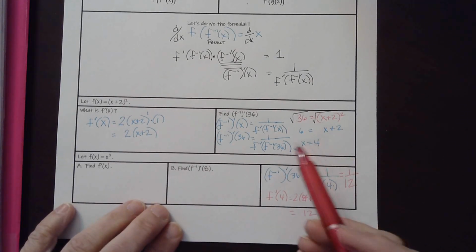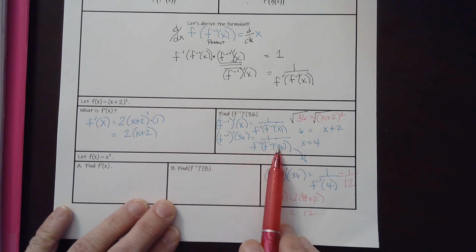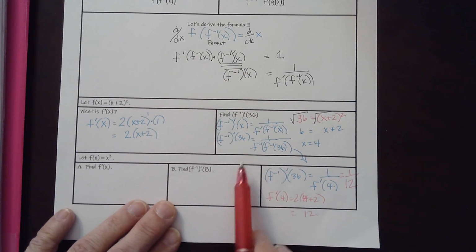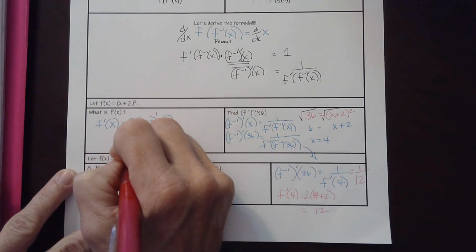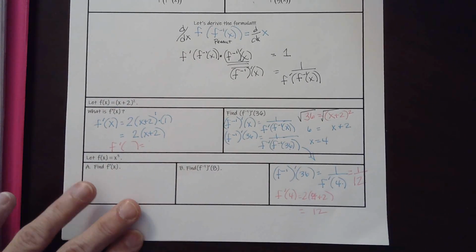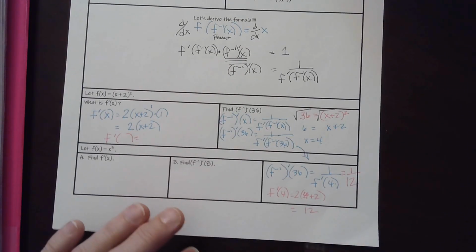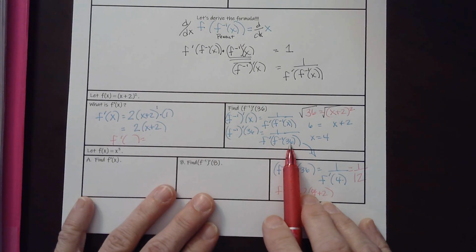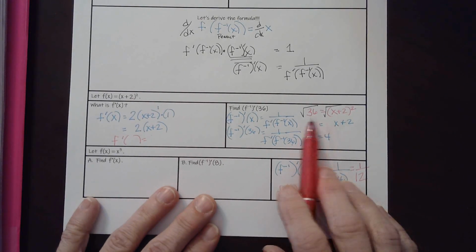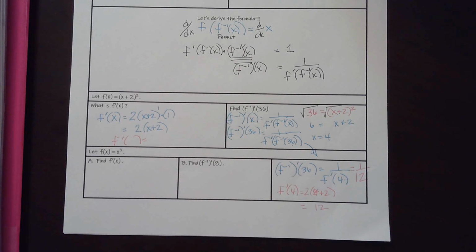So finding the derivative, especially at a particular number, you're going to need f prime, and you're going to have to evaluate the inverse at a particular value. But evaluating the inverse at 36 is the same thing as setting the function equal to 36.